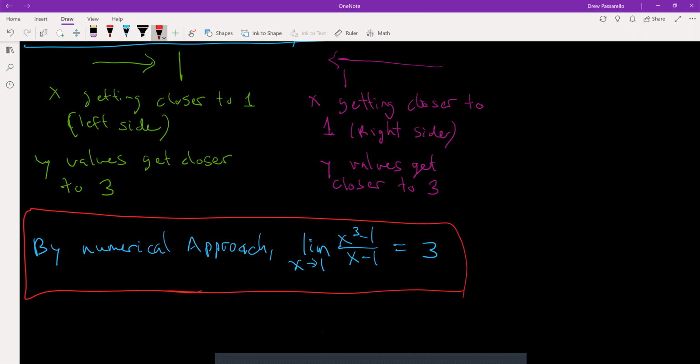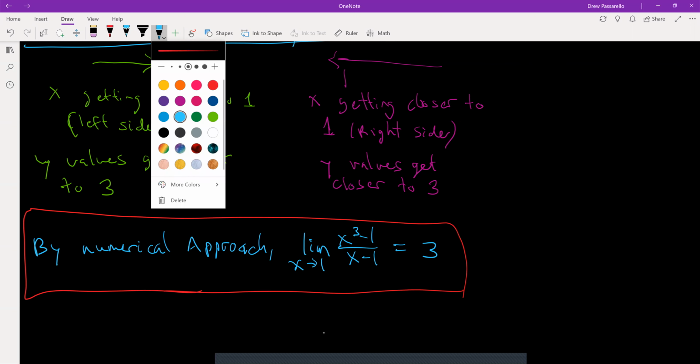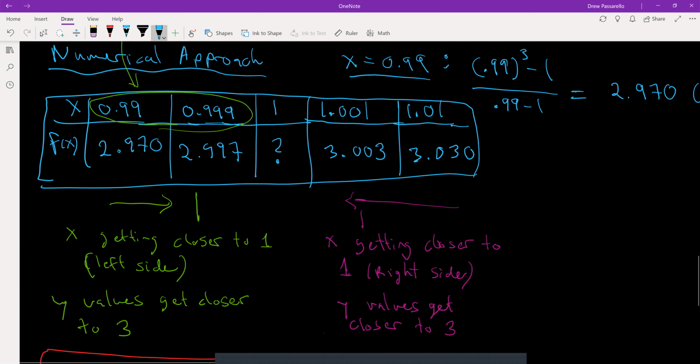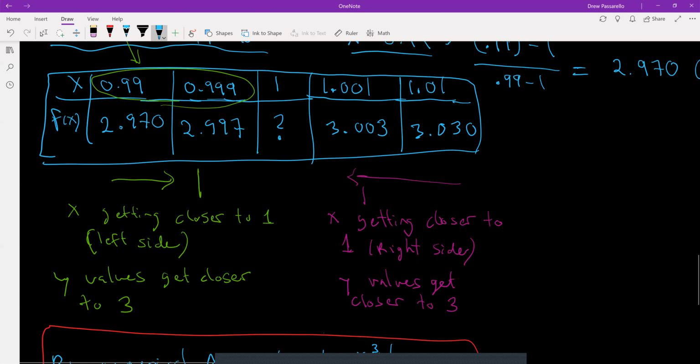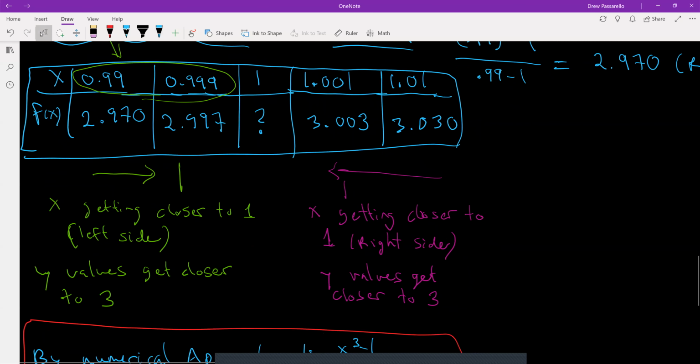All right, so same conclusion, just instead of graphing, we're plugging x values into the function that are really close to 1 from the left side and right side, and their corresponding y values are getting closer and closer to 3. Now it's getting closer and closer to 3, and I'm approximating it.